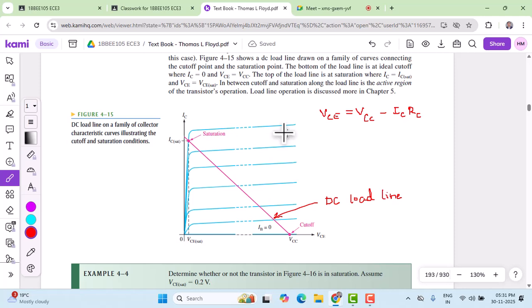And between points C and D, equation 1 is followed, because here we assume that the collector emitter voltage is at maximum. When VCE is maximum, one can estimate the collector current for safe operation. If IC is maximum, we can estimate the collector emitter voltage for safe operation of the BJT.